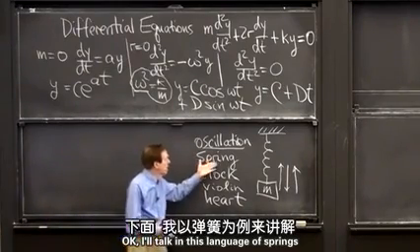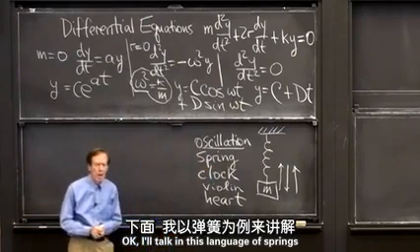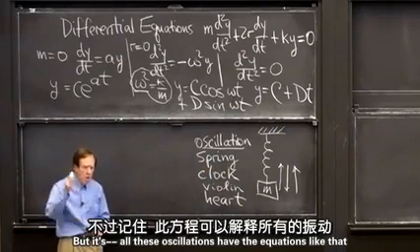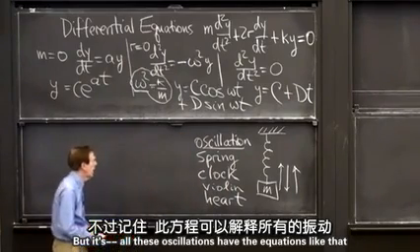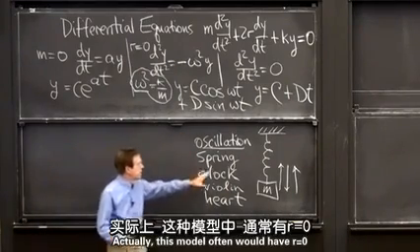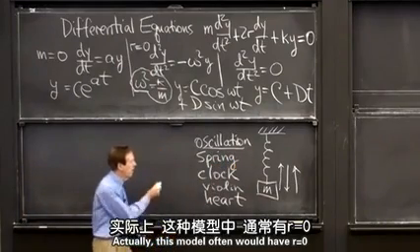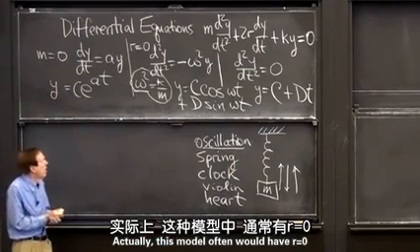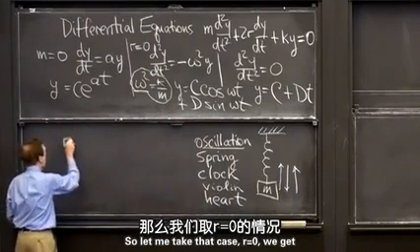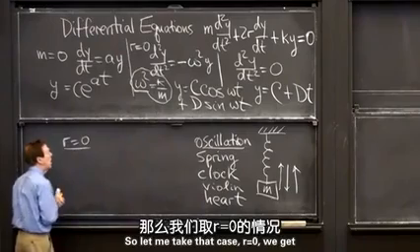So I'll talk in this language of springs, but all these oscillations lead to equations like that. Actually, this model often would have r equals 0. So let me take that case, r equals 0 again.